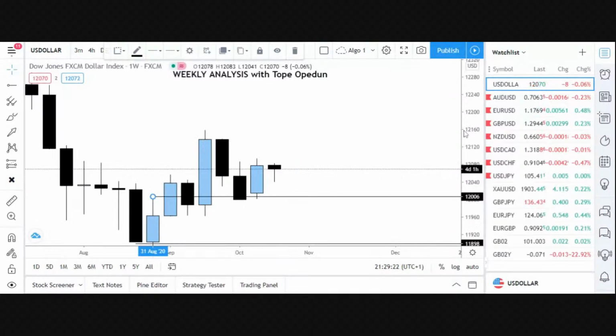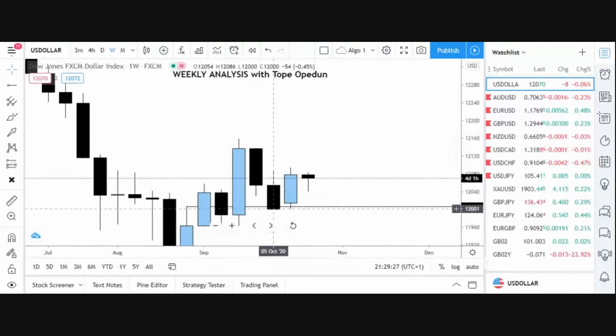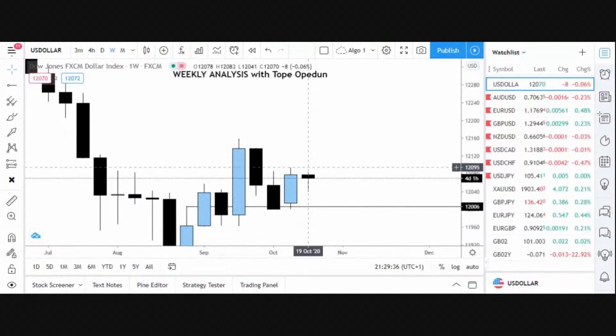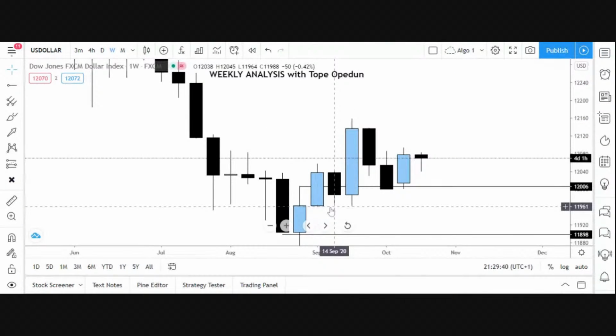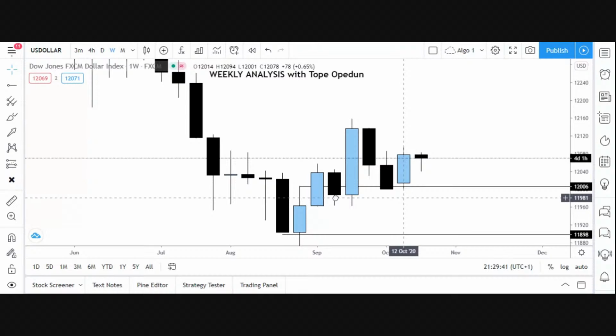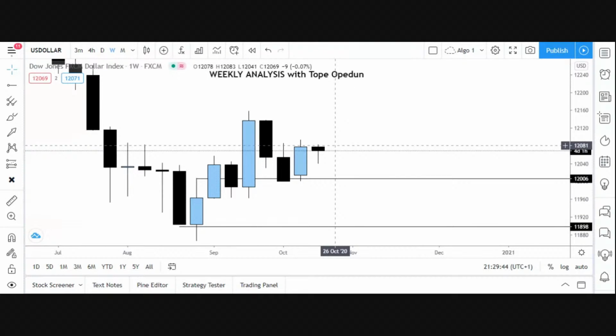Look, there's a weak low here that is clean. There are no wicks there, so it seems like there was no manipulation there. And look at the bottom here as well. These levels are too clean, so I'm really suspicious of what they could do.